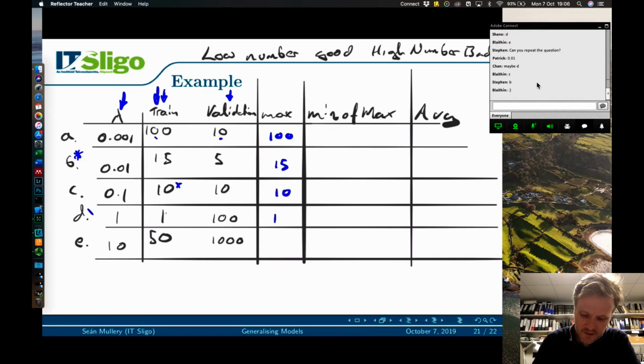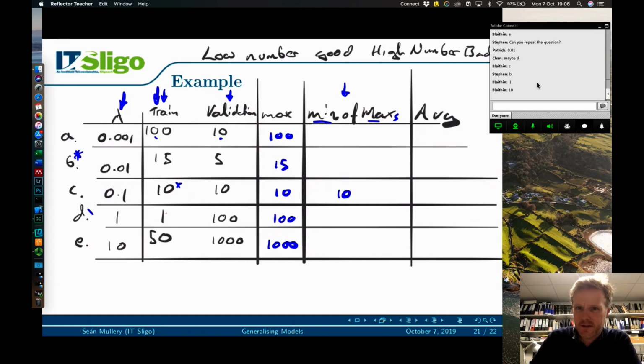The maximum number in this case is 100, and the maximum number in this case is 1000. And then in this column, we find the minimum of the maxes. This is normally known as the minimax function. So what's the minimum of the maxes? It's the 15. Sorry, it's not. It's the 10. Apologies. It's the 10.